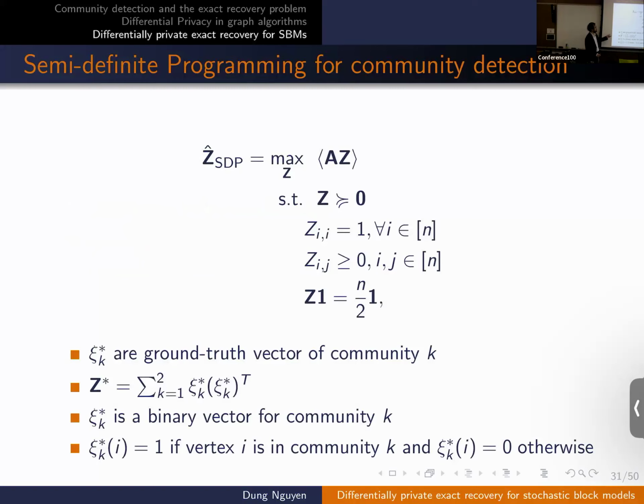This is the semi-definite program, and it comes from a relaxation of the minimum bisection count.